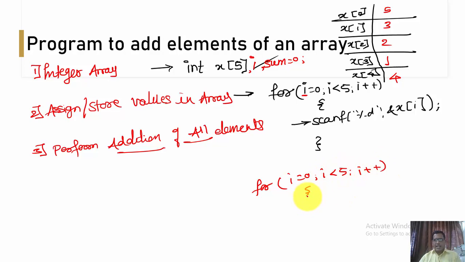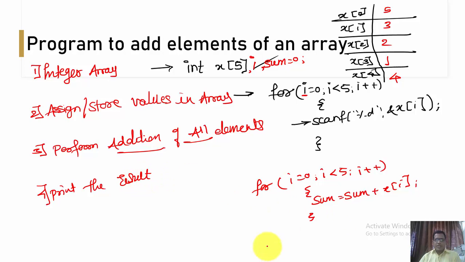And inside it I will write sum = sum + x[i]. And at the end, whatever the result is, simply print the result. Printing the result means simply put the value of sum on the output screen like this.